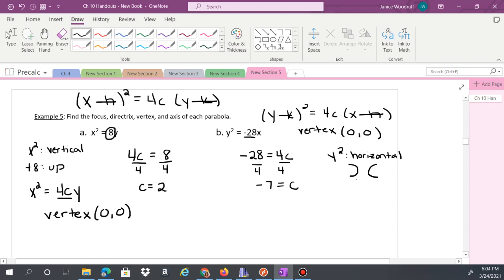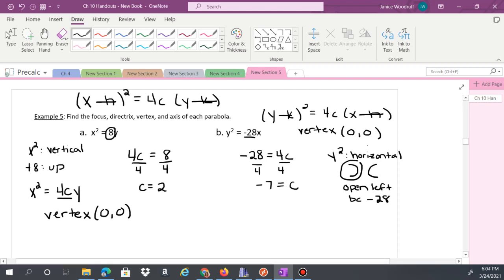Negative 7 goes in which direction? Left. Okay, so if it's negative, it's going to open left. Positive opens right, just like the number line. It's going to follow along the number line. So this is going to open left because of the negative 28, or negative 7.